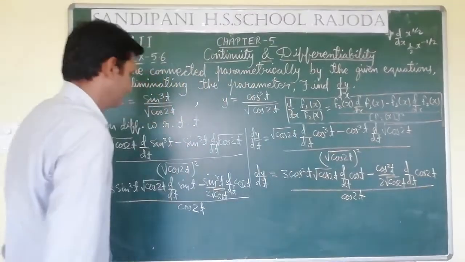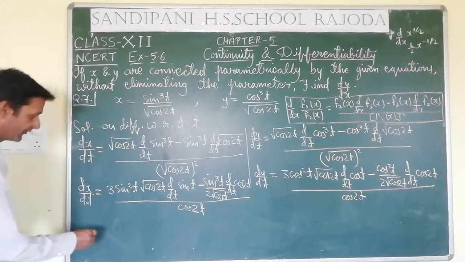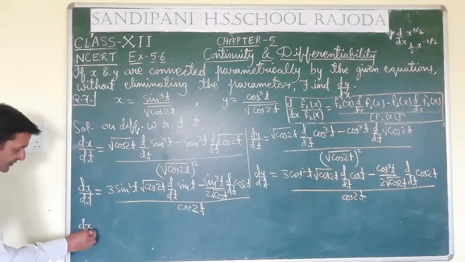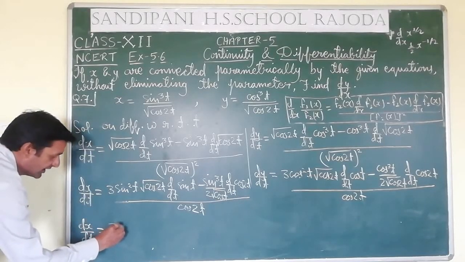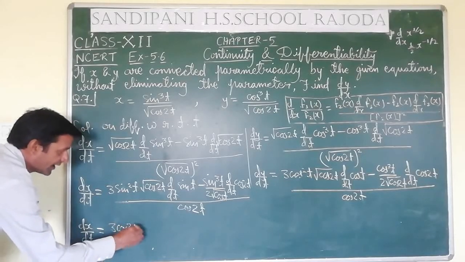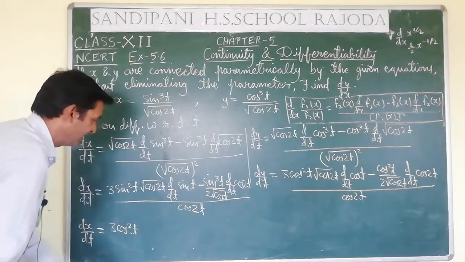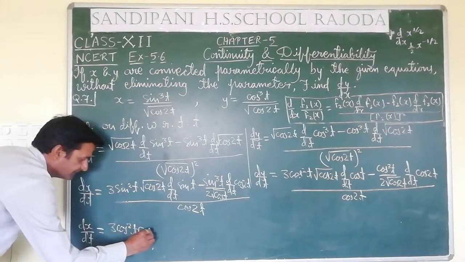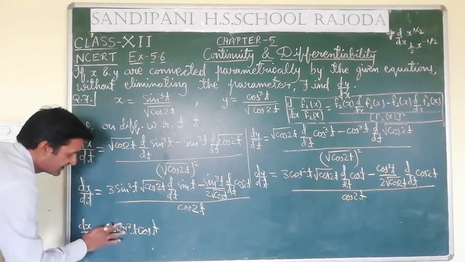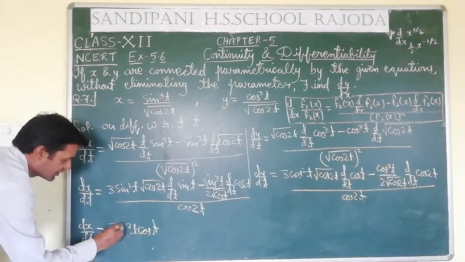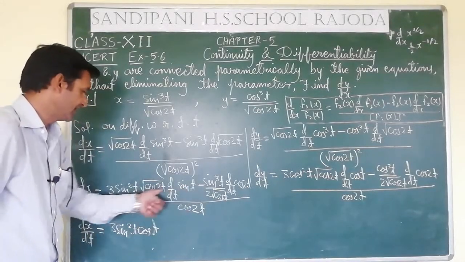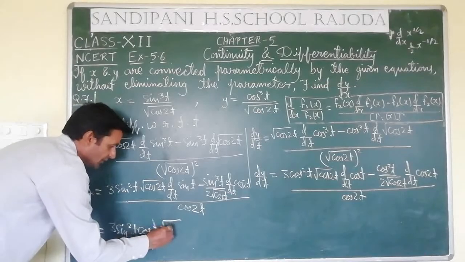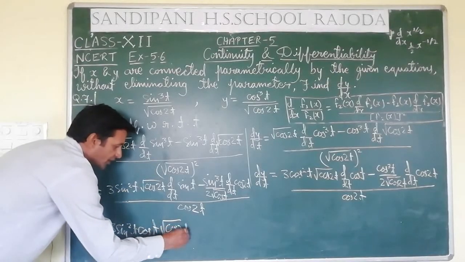So now on further proceeding, dx by dt is equal to 3 sin square t, and differentiation of sin t is cos t, so 3 sin square t cos t and then root cos 2t.